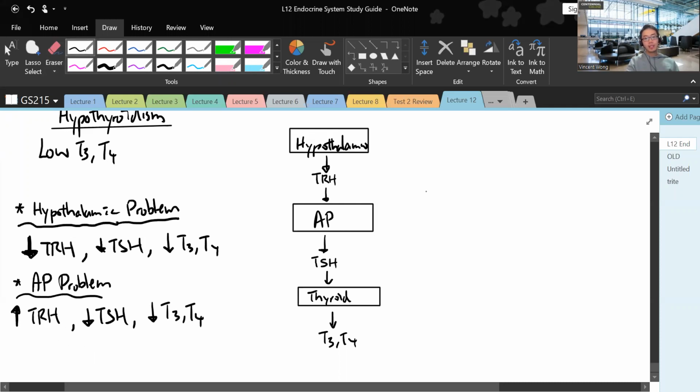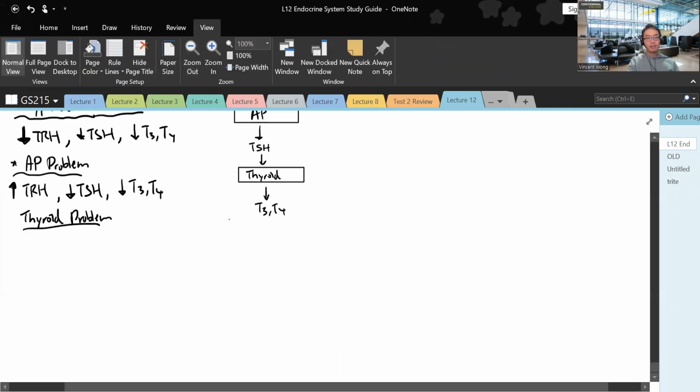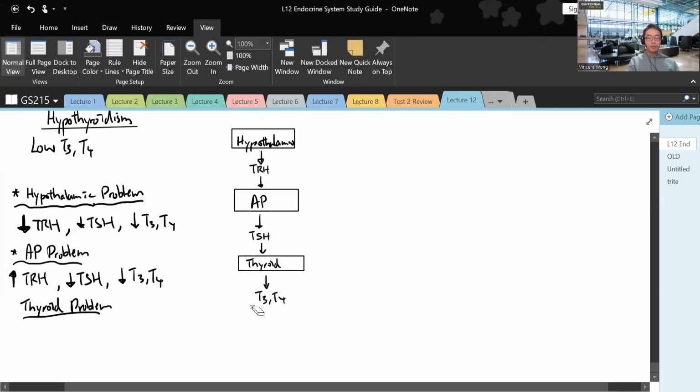If the problem is the thyroid, then you will have low T3, T4, which triggers the hypothalamus to produce high TRH, which then causes the AP to have high TSH.